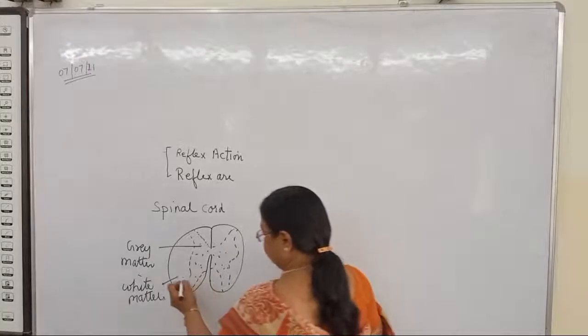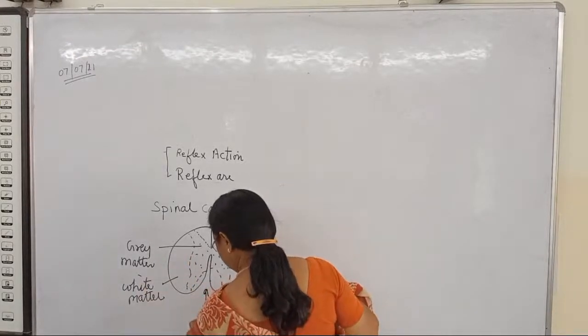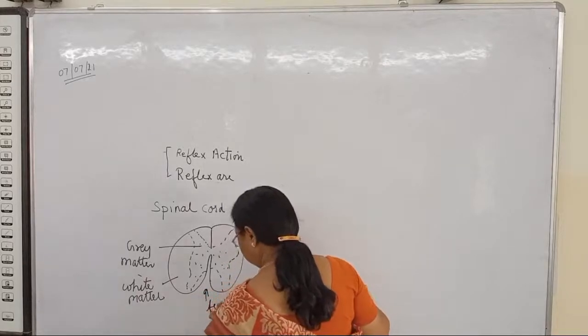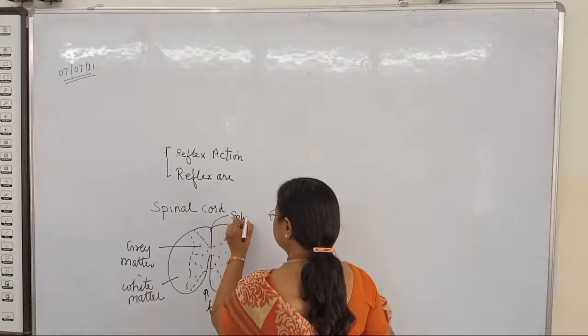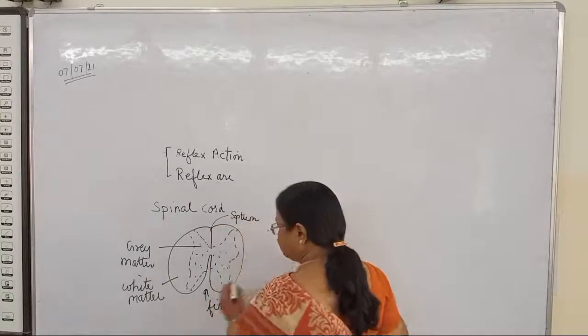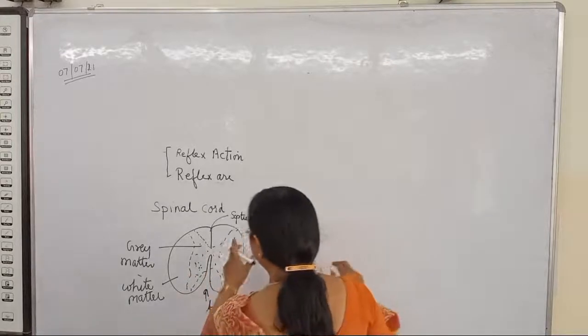So you have many neurons in this. Now, what happens from here?